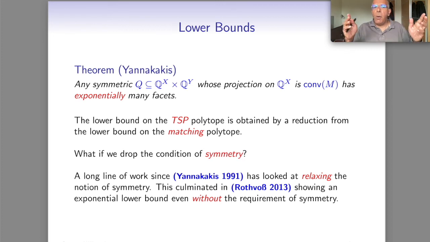So simply any polytope which projects down to the matching polytope, what we call an extended formulation of the matching polytope, any such polytope must have exponentially many facets. Okay.